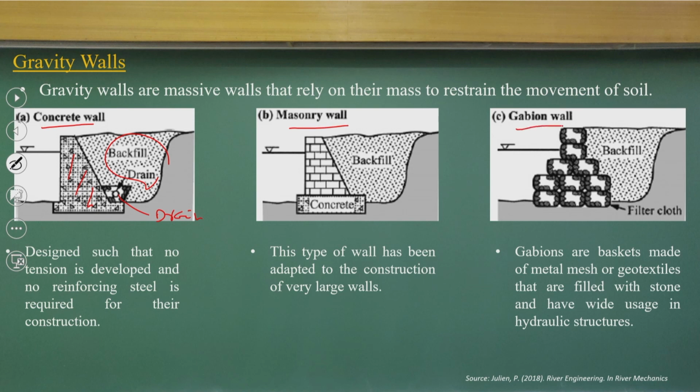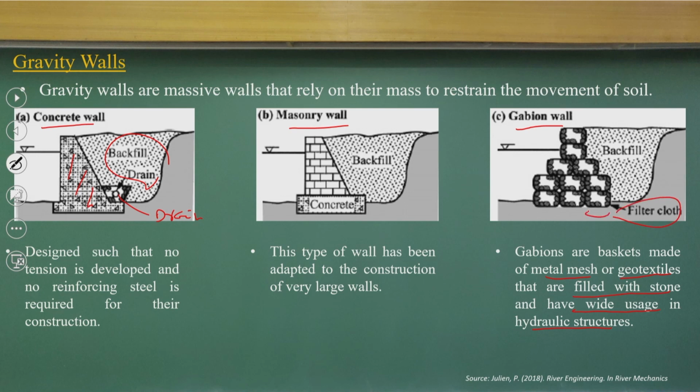Gabions are baskets with metal mesh, with geotextiles, filled with stones, used widely for hydraulic structures. Nowadays, gabions play a major role, and you can have a filter cloth.